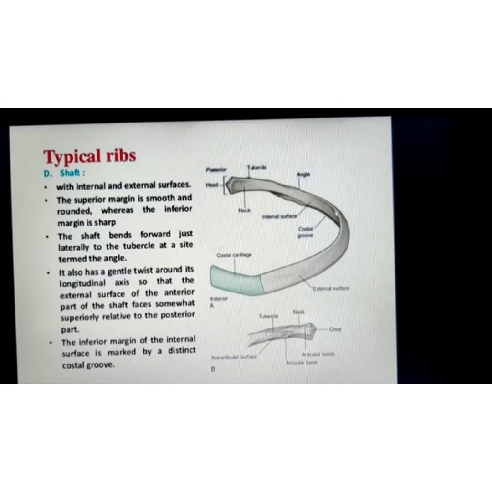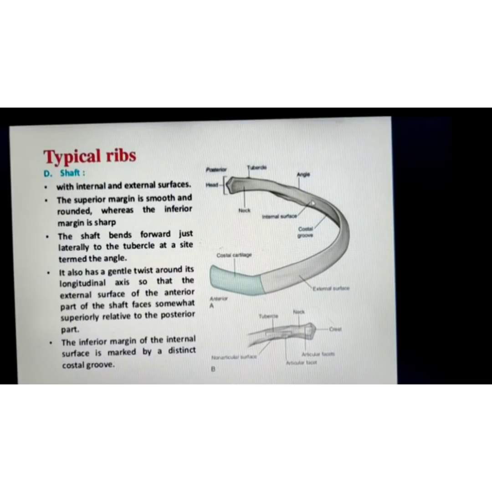The shaft bends forward just lateral to the tubercle at a site known as the angle of the rib.